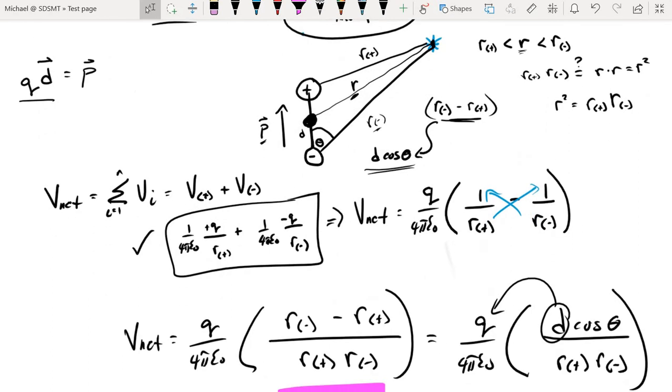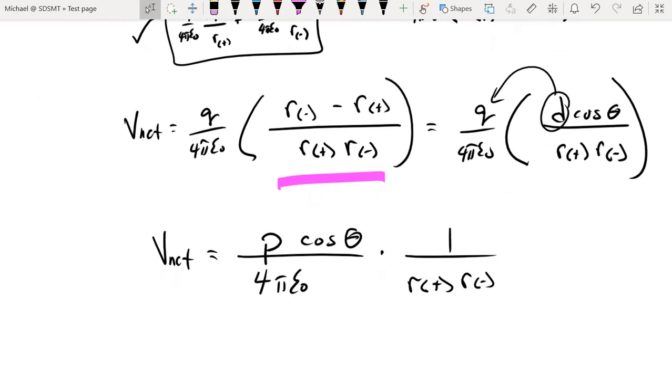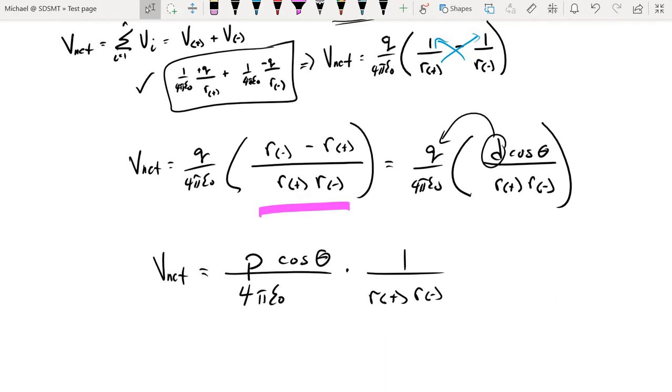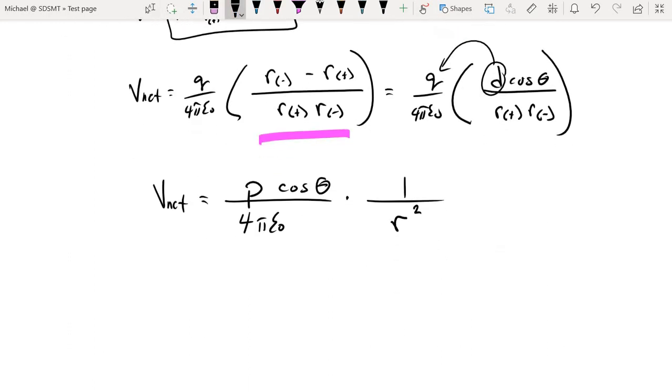And that was the other goal that our author had in mind. So our author wants to take all of that and replace it with R squared. And so now we have a much nicer expression in front of us.